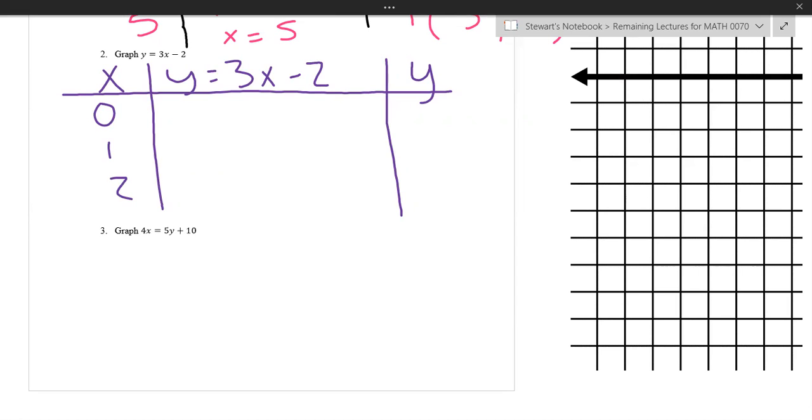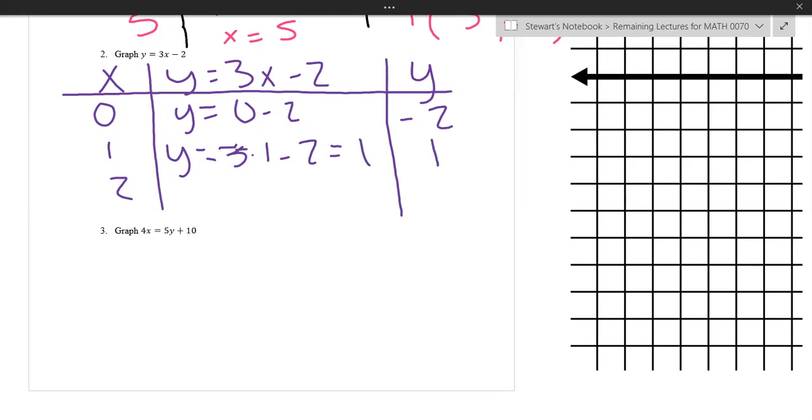If x is 0, then we have y equals 3 times 0, which is 0, minus 2. So y equals negative 2. If it's 1, then we have y equals 3 times 1 minus 2, which is 3 minus 2, which is just 1.